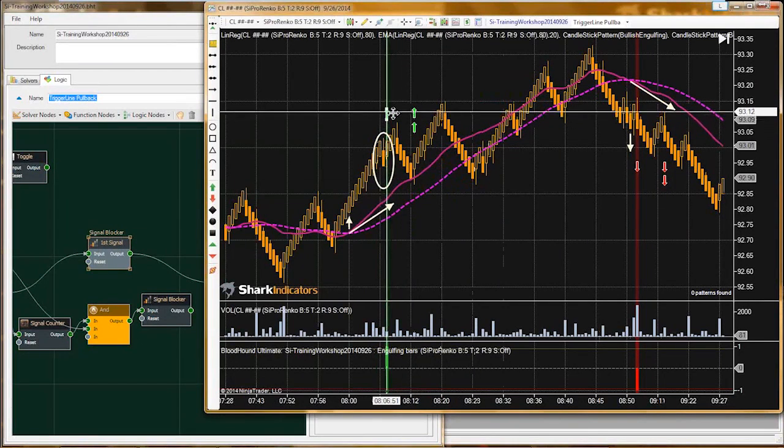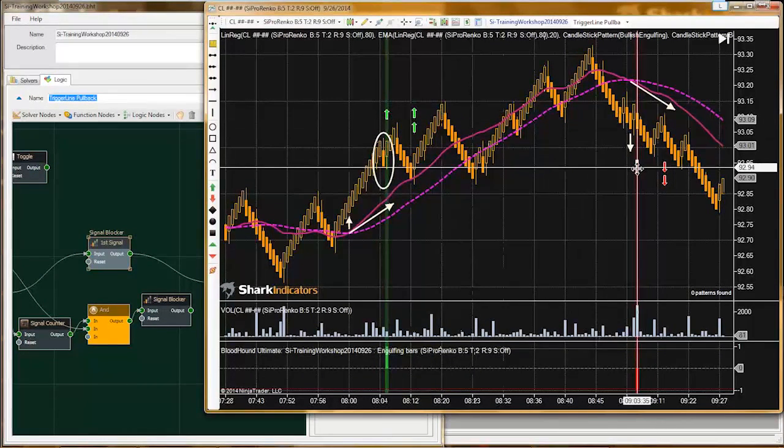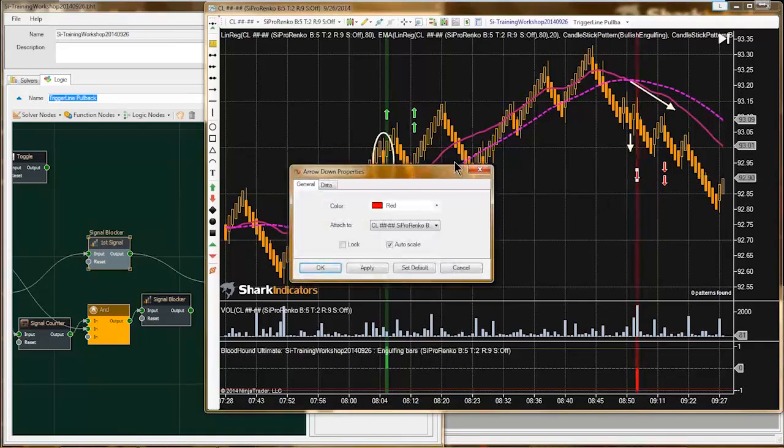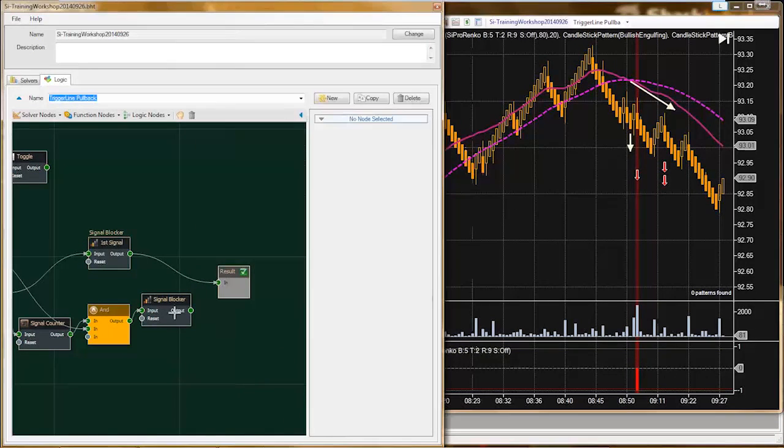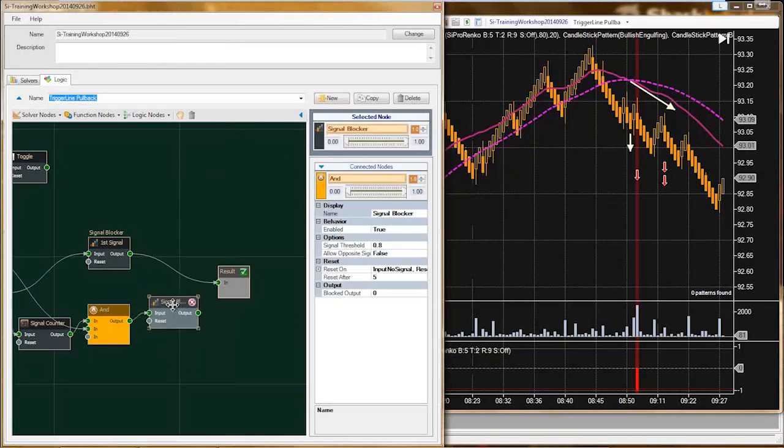There's signal 1, the first signal. Here's the second signal, and this signal blocker is going to allow through the second signal. I just need to make sure that both of these signal blockers are set up the same.